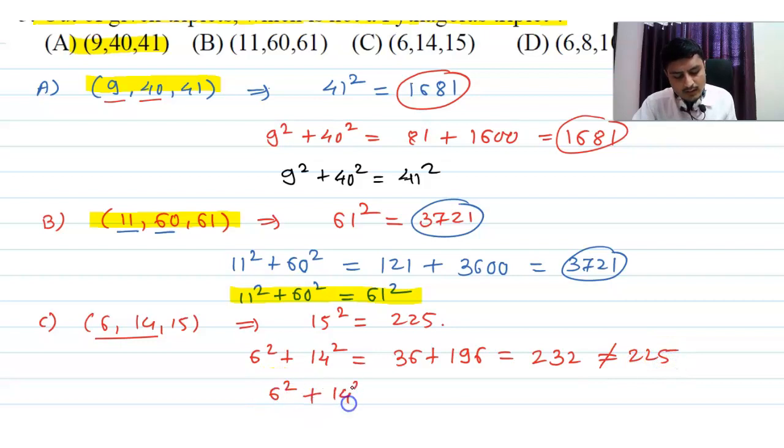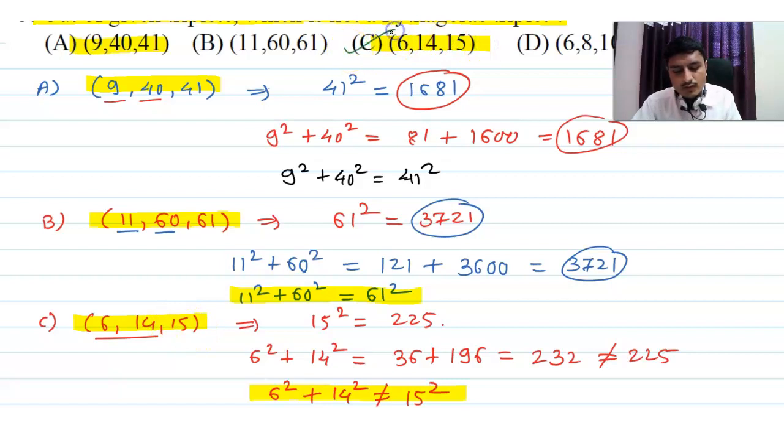So 6 square plus 14 square is not equal to 15 square. That means the given three numbers 6, 14, 15 do not satisfy the Pythagoras theorem. So 6, 14, 15 are not a Pythagorean triplet.